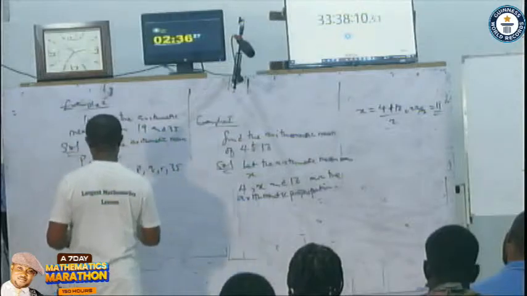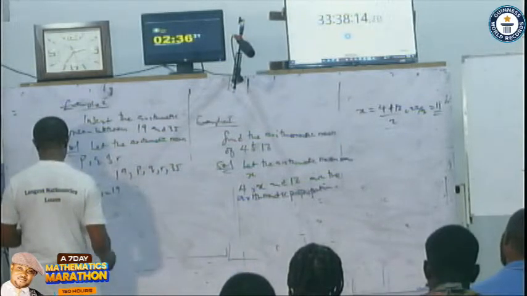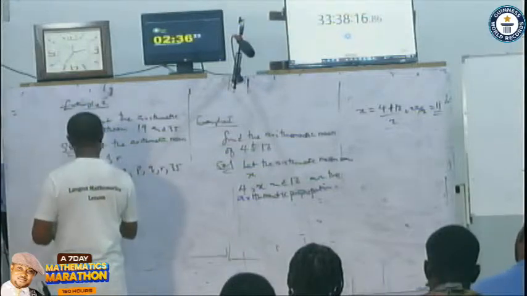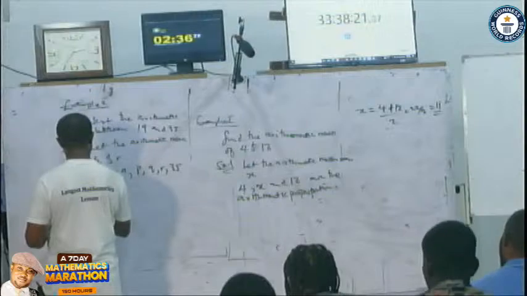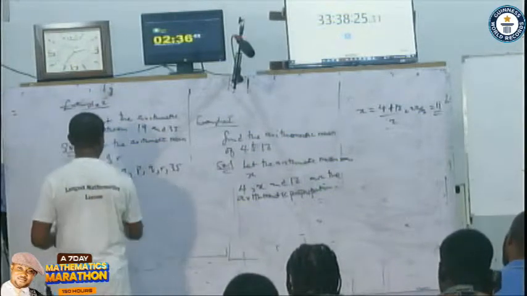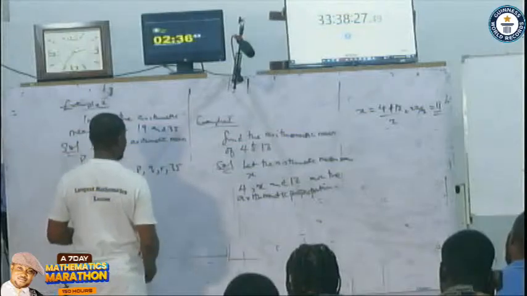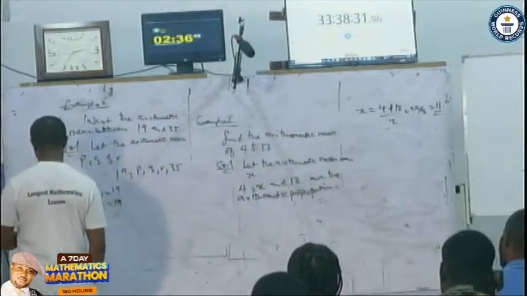From that point, my T1 equals 19, which is equal to A. So my T5 will now be A plus 4D.